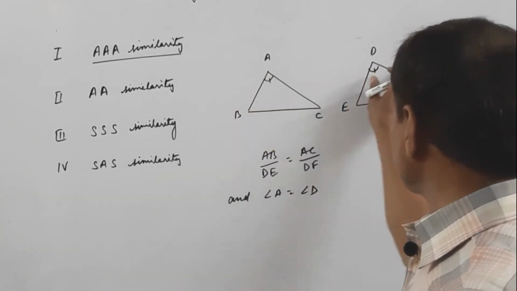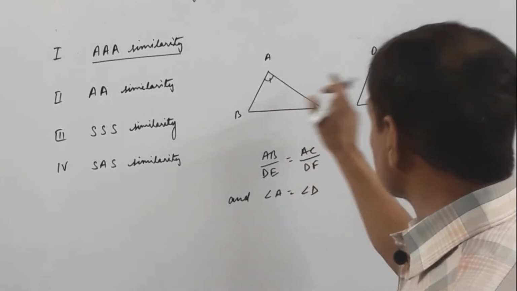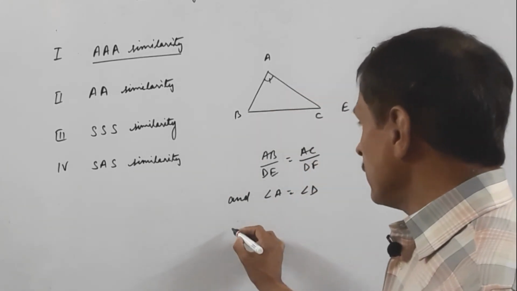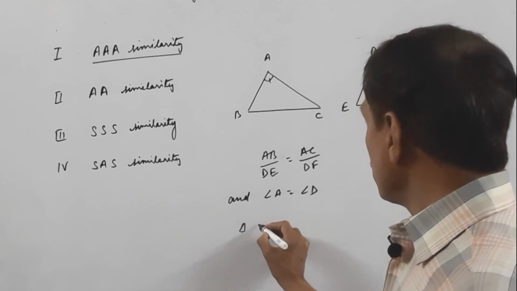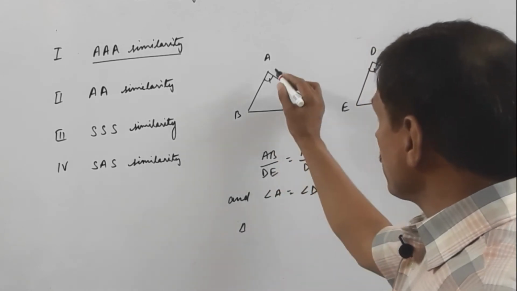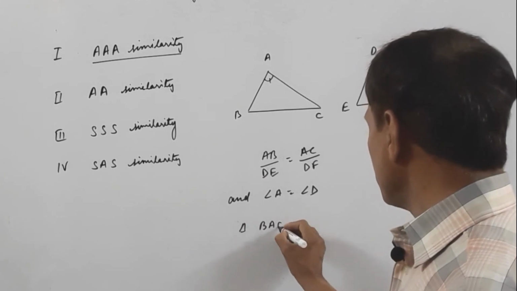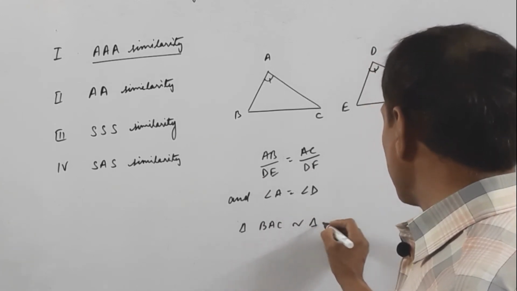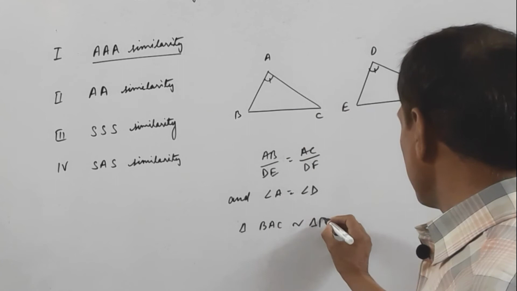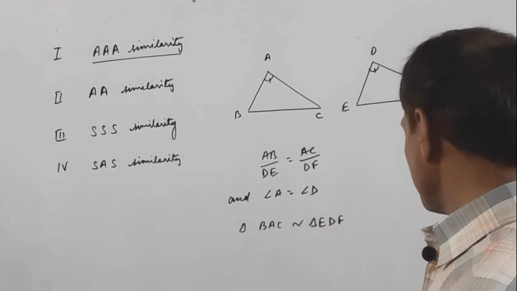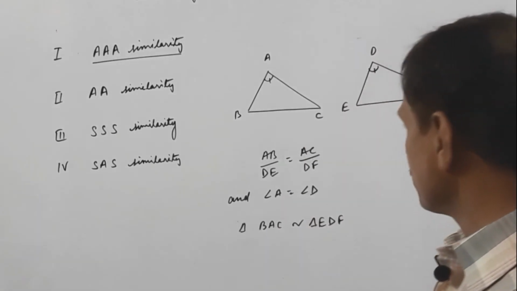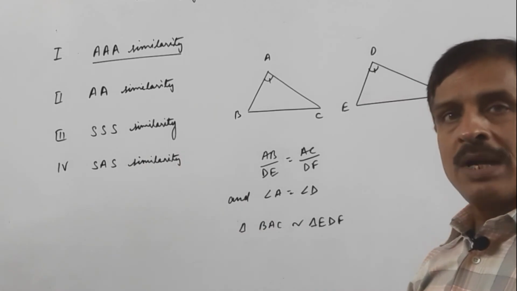So these must be in the same ratio and angles must be equal. Then triangle ABC, or we can also name it as triangle BAC, is similar to triangle EDF by SAS similarity.